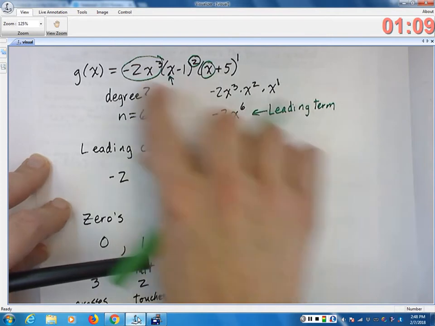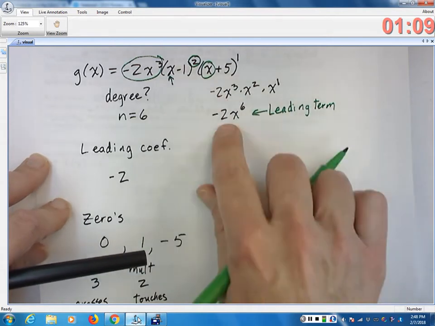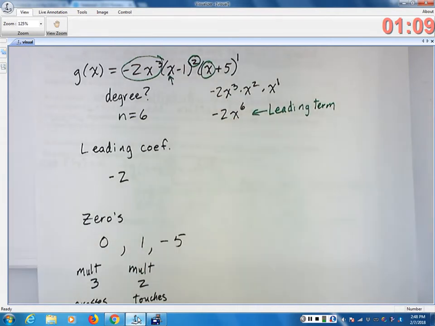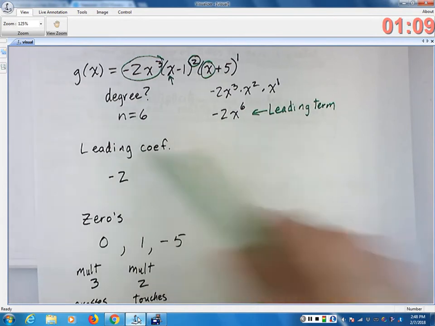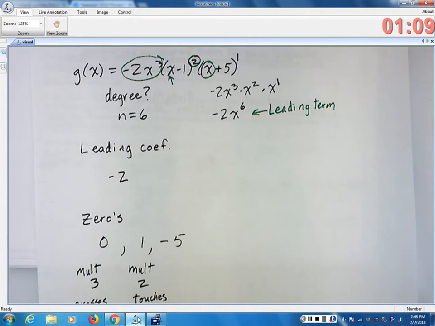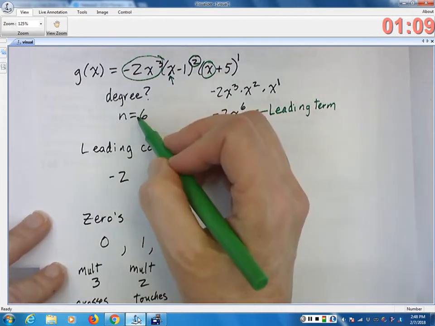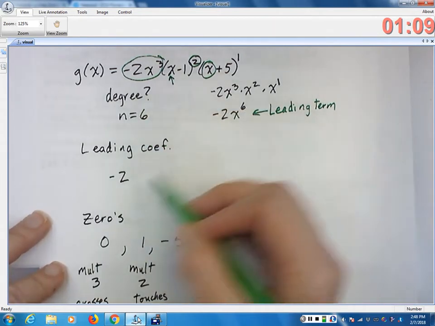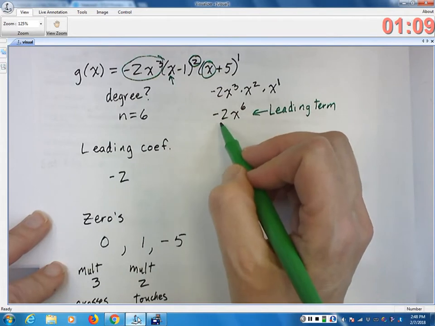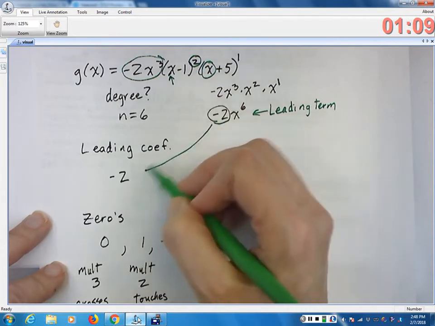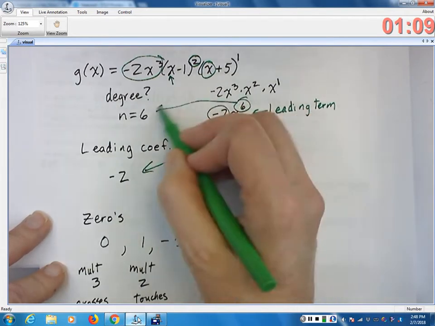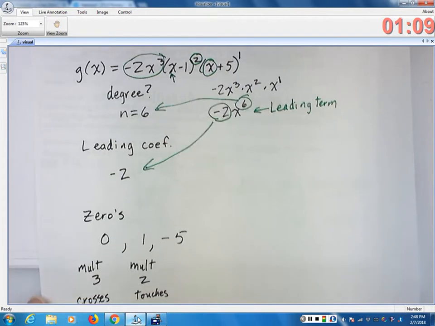I'm not saying that this equals this. This is just the first term, the highest power term. So you can find your leading term without FOILing it out. Once you get the leading term, you're going to get these. The degree is 6. The leading coefficient is 2.